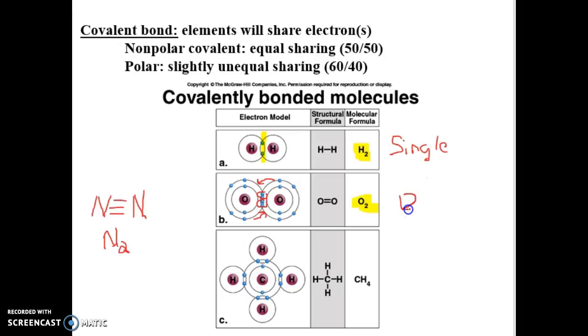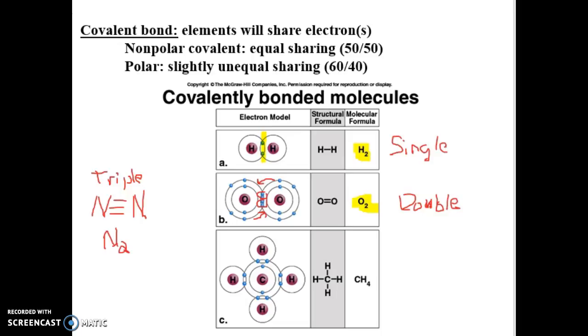We have a double, in which the elements share 2 electrons, and then we have a triple. Unfortunately, I don't have a picture of a triple, but nitrogen is our example of a triple covalent bond in which 3 electrons are shared between each of the nitrogens.